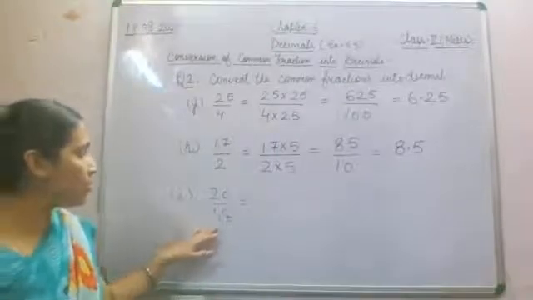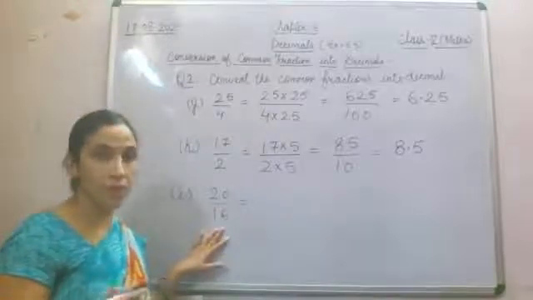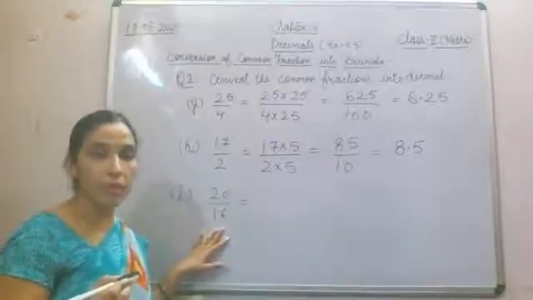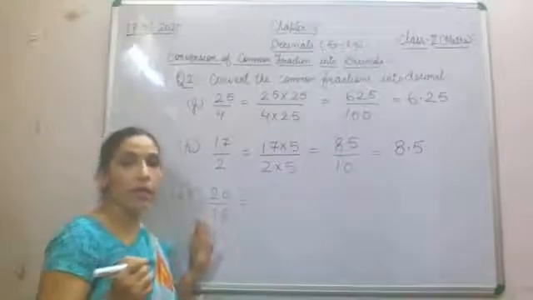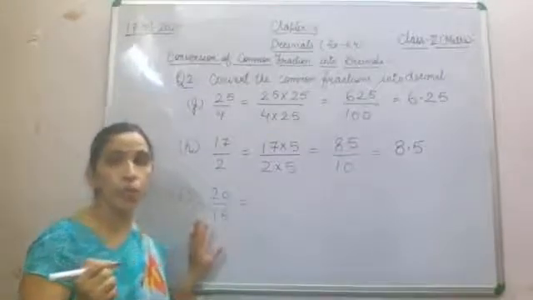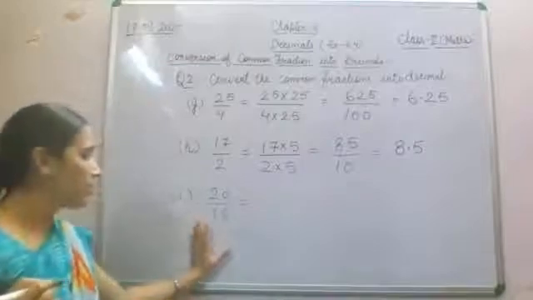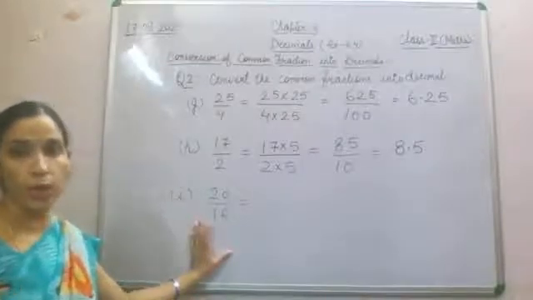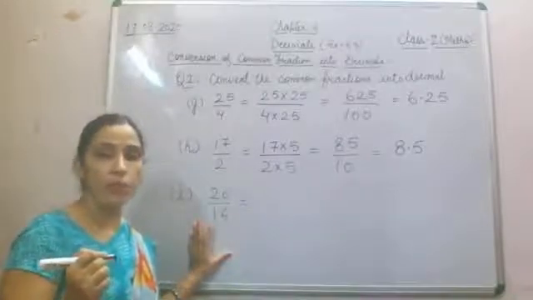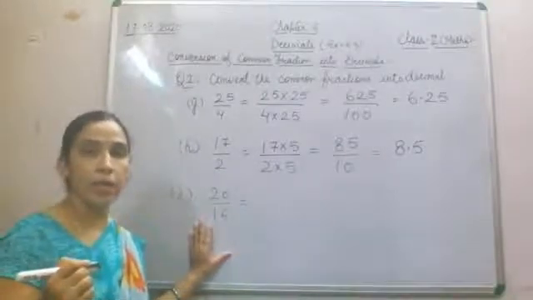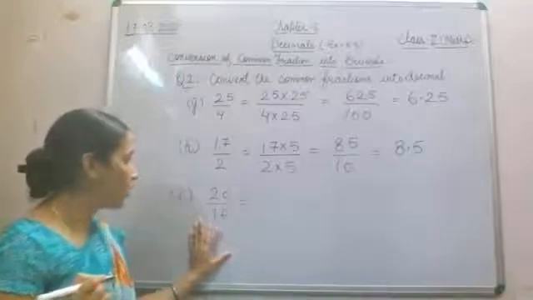It is not possible to get 10 or 100 over there. So we'll just go for 1000, that it will be multiplied by which number.